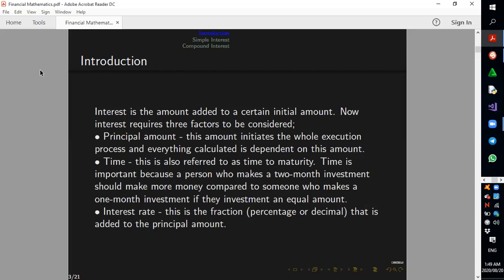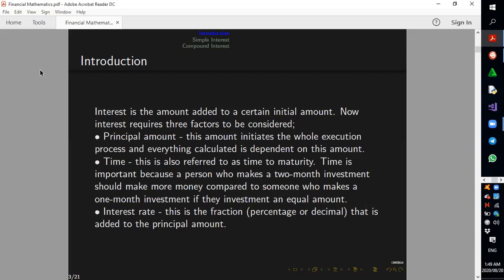Now, the interest rate is a percentage, or some fraction or particular decimal or portion. The rate is some percentage which will be calculated using some more advanced financial techniques, which we will not dwell into.